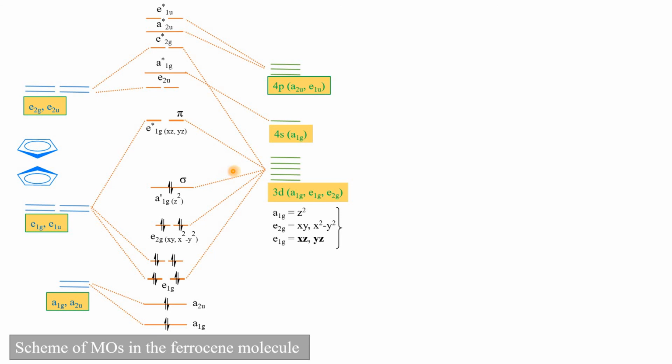So these are non-bonding, but they are stabilized by interaction with the pi star orbital of the ligand Cp. So here the principal interaction is E1G and E1G star. E1G is strongly bonding and E1G star is strongly anti-bonding.